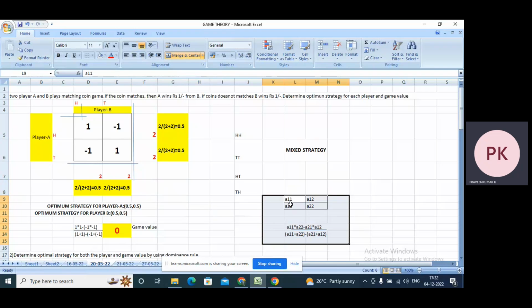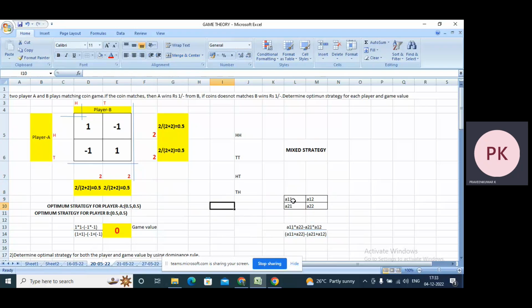The game value is A11 into A22 minus A21 into A12, divided by A11 plus A22 minus A21 plus A12. This is the formula you need to remember to find the game value in a mixed strategy problem.